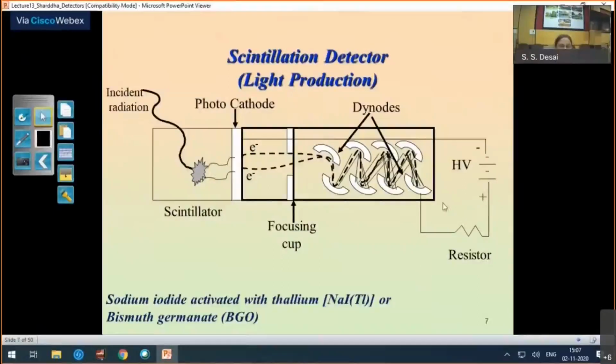In the case of scintillation detectors, you need a crystal in which incident radiation creates a visible photon. This photon, or a bunch of photons, is passed through a photocathode, which creates a bunch of electrons. These electrons are further amplified to get a considerable signal-to-noise ratio, and this pulse represents the energy of the incident radiation.